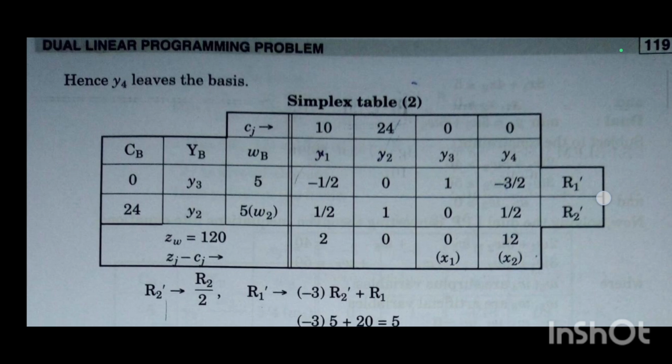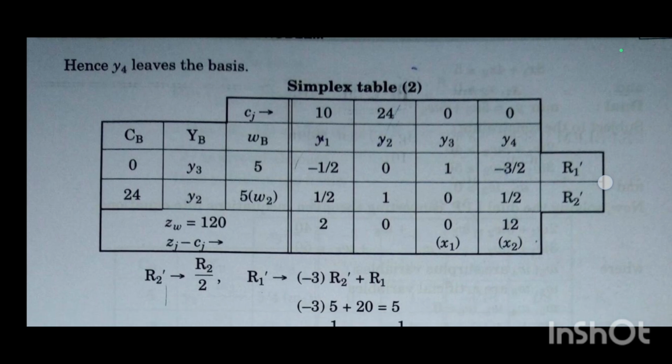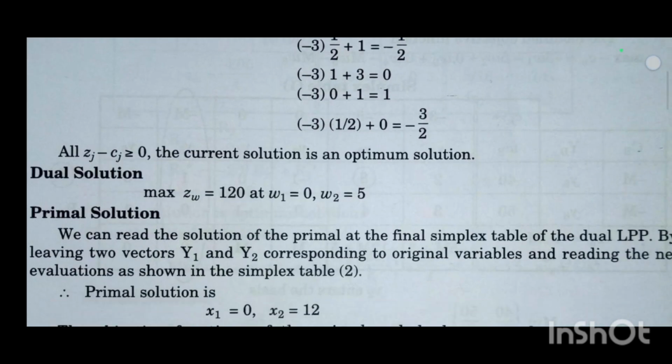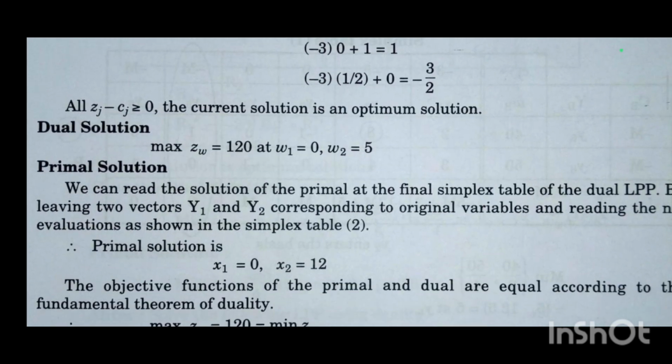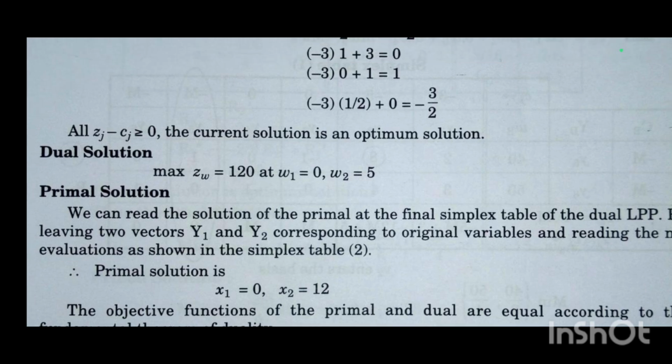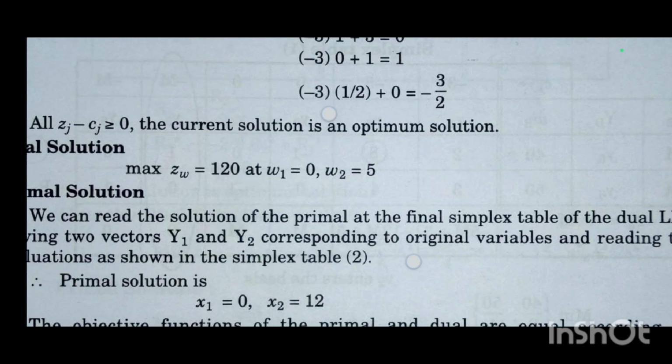See the simplex table after applying the row operations and the column operations. Next, here all zj minus cj are greater than or equal to 0, so the current solution is an optimum solution. So max z will become 120 at w1 equals 0 and w2 equals 5.